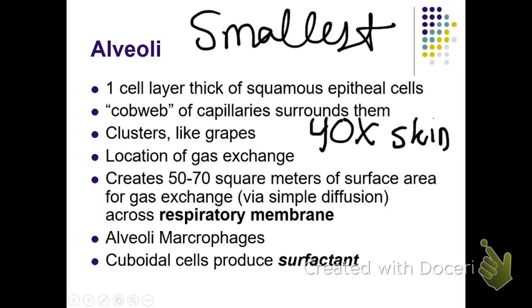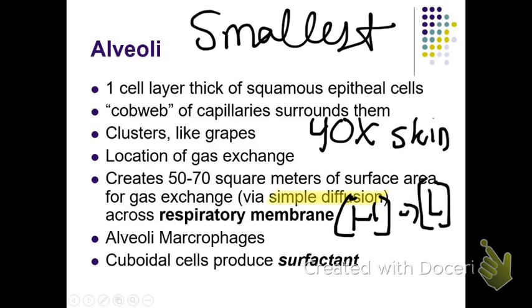And again, as I mentioned in our last video, gas exchange likes to happen via simple diffusion, also known as passive diffusion, and that is the act of going from high concentration to low concentration.